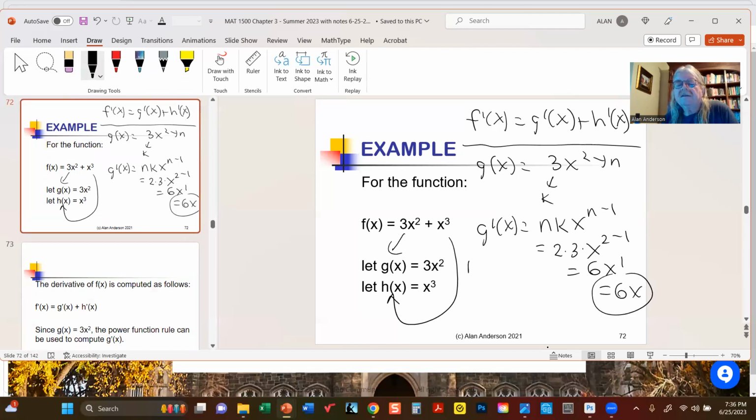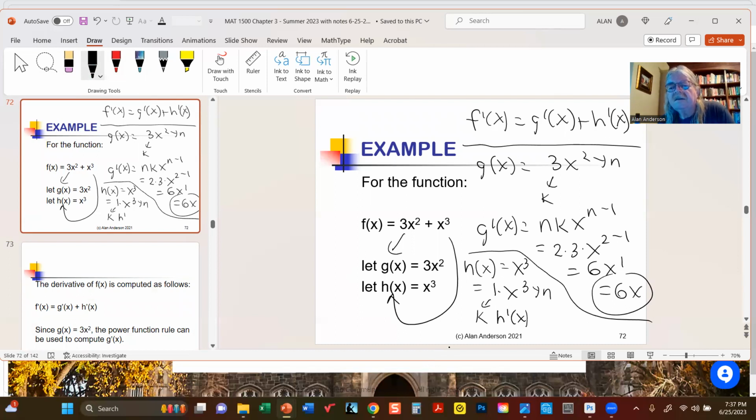H prime of x. h of x is x cubed. By the way, I just want to point out here, there's an implicit coefficient of 1. So in other words, you can think of this as 1 times x to the 3, which means this is your k, this is your n.